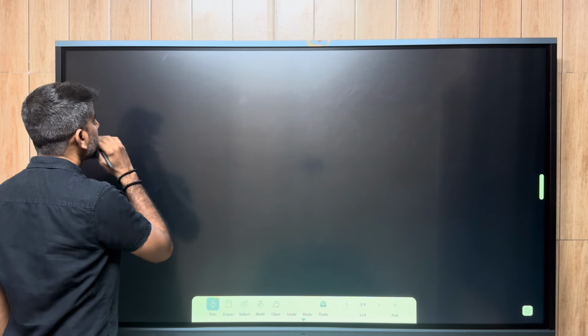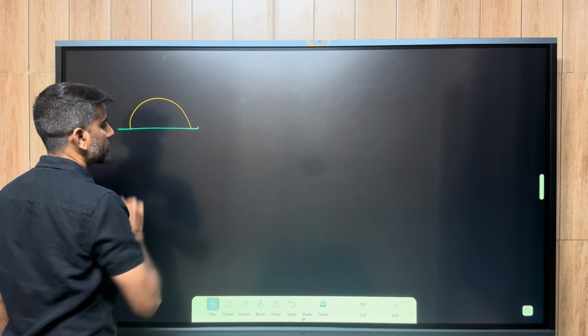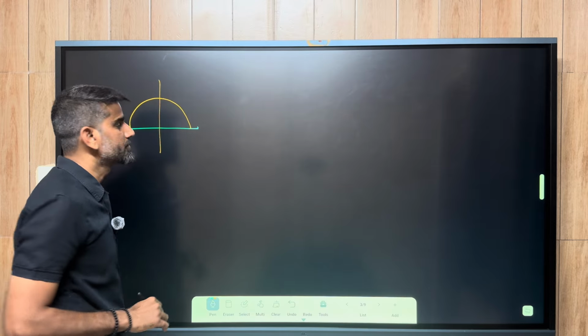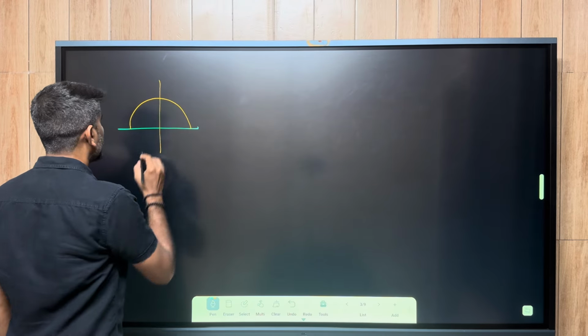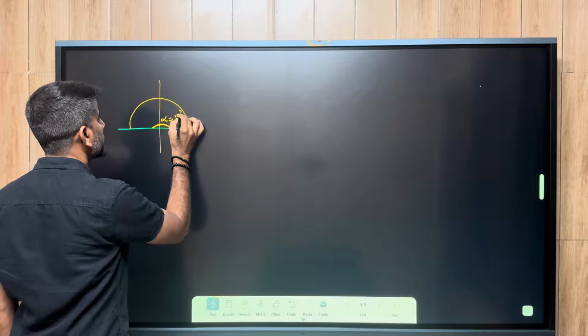Okay, now let us take a semicircular ring like we have discussed. Let us check whether it is matching or not. For a semicircular ring, total alpha is equal to how much? 180 degrees.